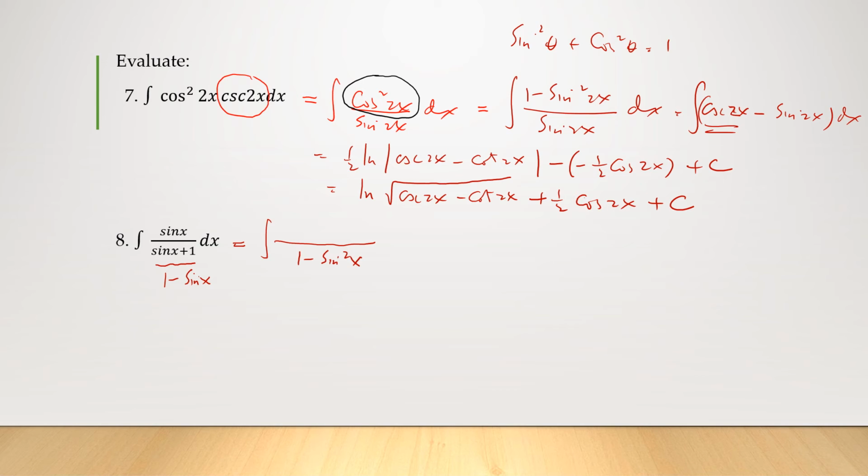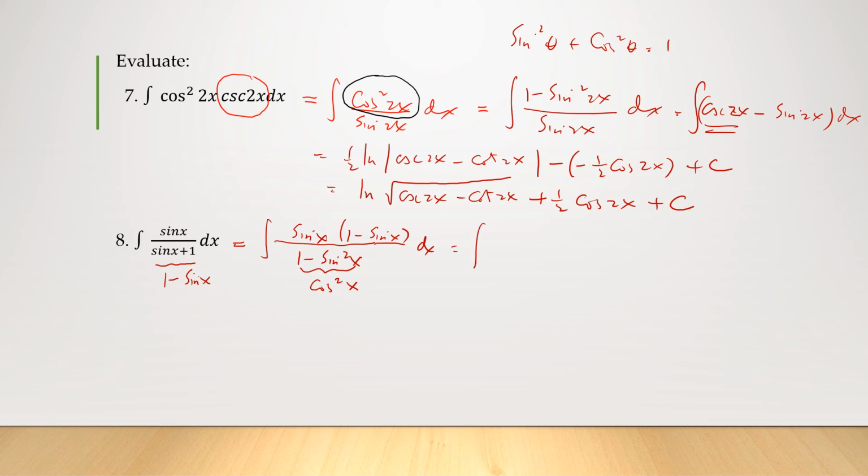By doing this, we can transform our denominator into a monomial term, because we know that 1 minus sine squared x is equivalent to cosine squared x. And then the numerator is sine x multiplied by 1 minus sine of x there.